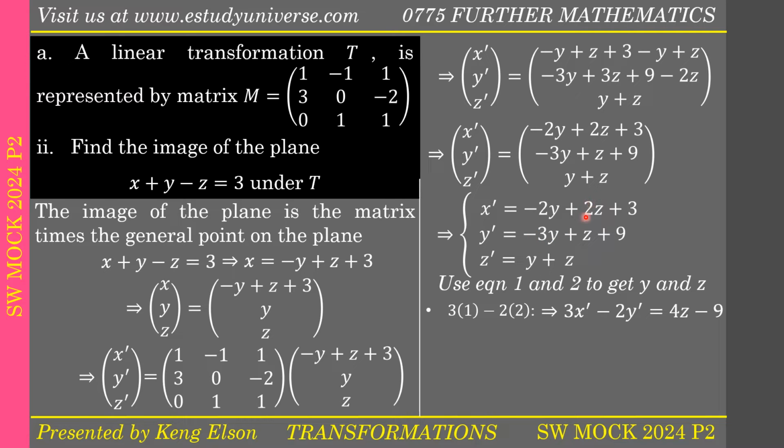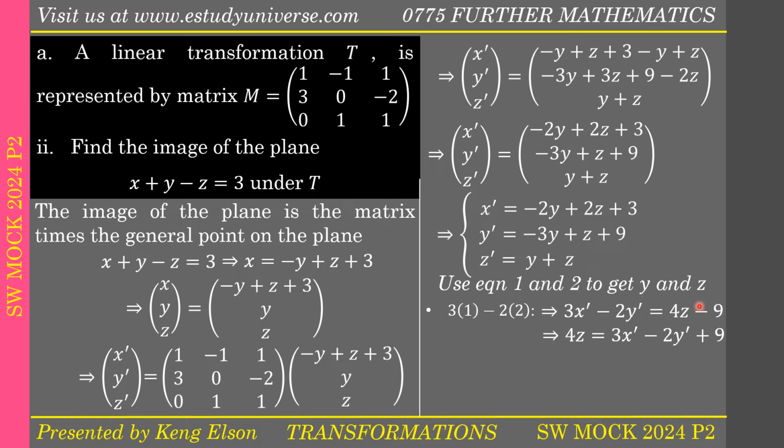Now 3 times 2z minus 2 times 2z, that's 6z minus 2z, which is 4z, and then 3 times 3 is 9, 2 times 9 is 18. 9 minus 18 is negative 9. Since we need to get z, we start by getting 4z. So 4z will give us 3x prime minus 2y prime plus 9.